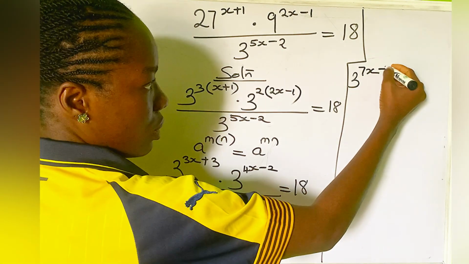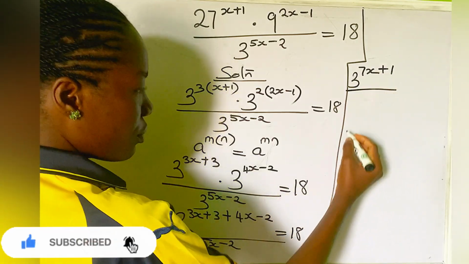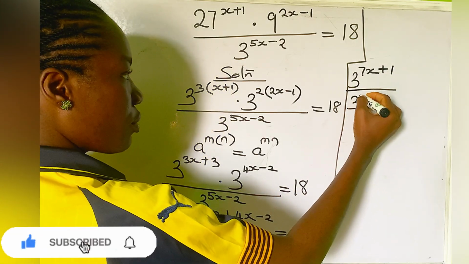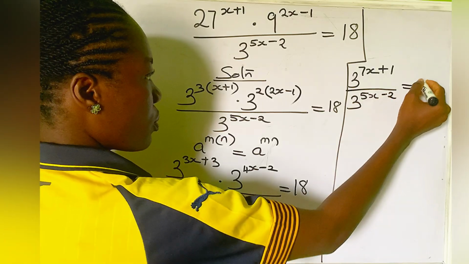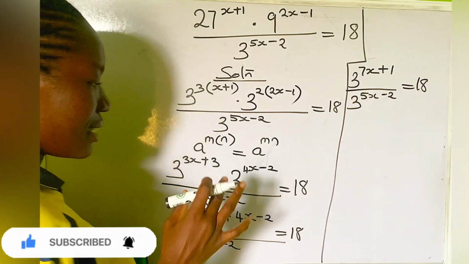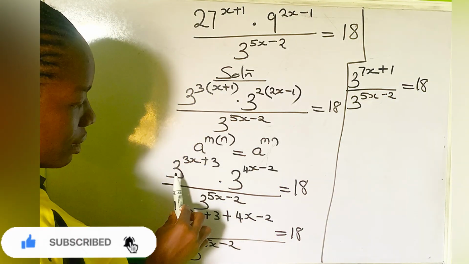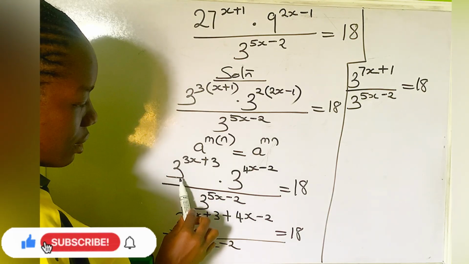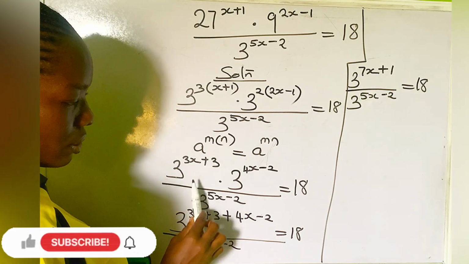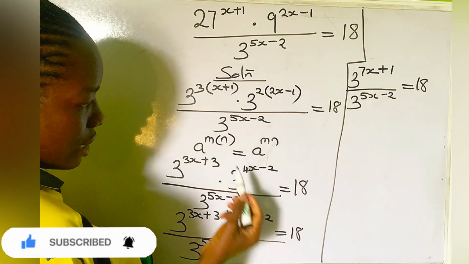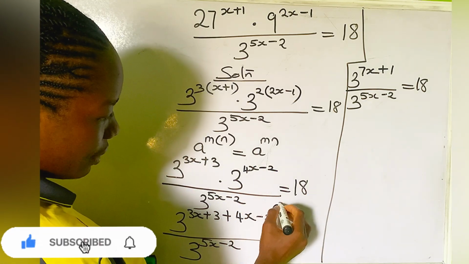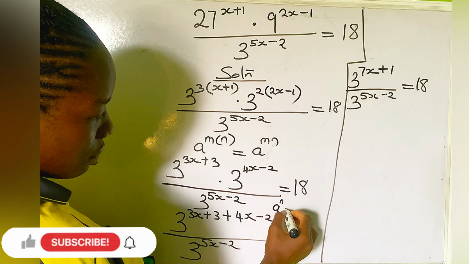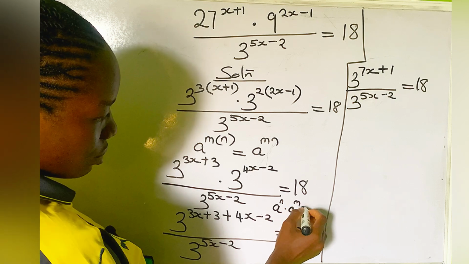That is plus 1, all over 3 to the power of 5x minus 2, is equal to 18. I said earlier on that when you have two bases multiplying, you're going to do what? Add the exponents. That is okay. I think I've wiped that part. That is saying when you have something like this multiplied by this, we'll do what?